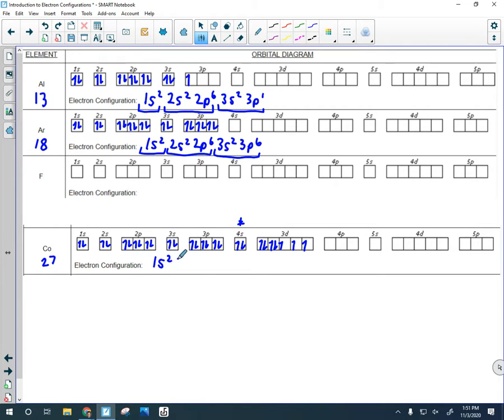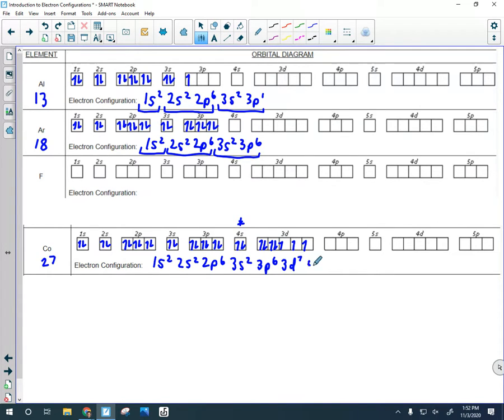So I have 1s2, 2s2, 2p6, 3s2, 3p6. And instead of writing 4s2 next, I'm going to go ahead and list my 3d electrons because I want to keep those together with the other 3rd principal energy level electrons. So it will be 3d7.